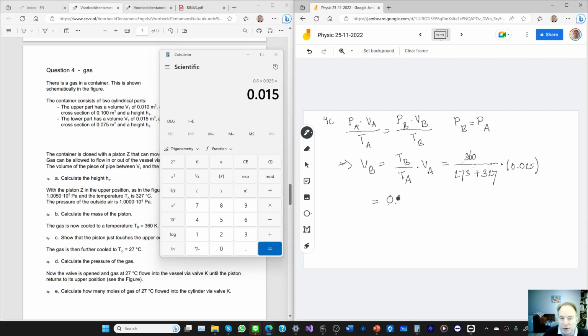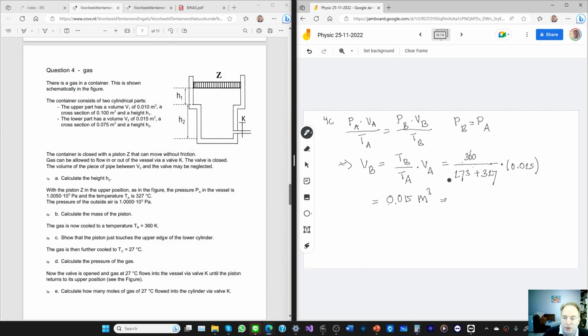This is 0.015 meters cubed. And this is equal to the volume 2 here. So the piston is just touching the upper edge of this lower volume 2.